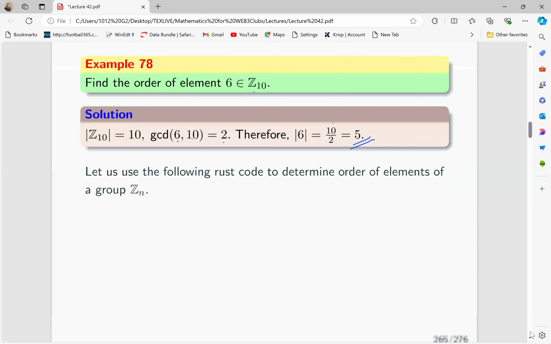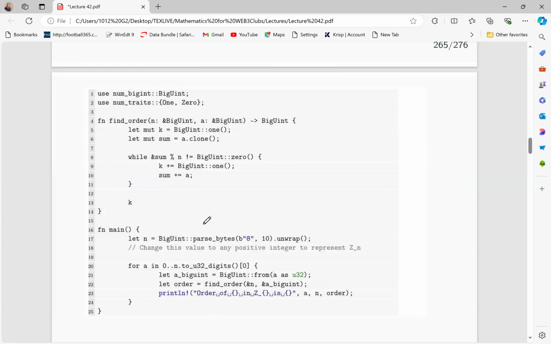So the code is here. So I have this library. This library, BigUint, is just to ensure that this code is able to handle big numbers.